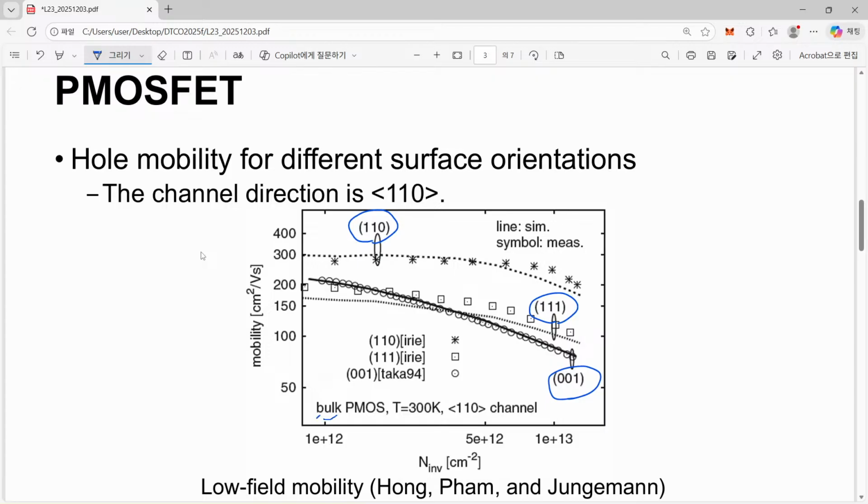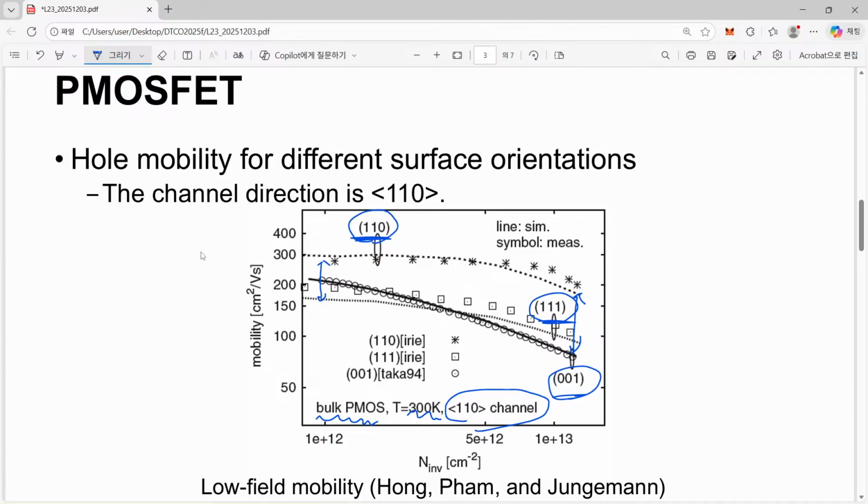So this is a bulk PMOSFET at room temperature, and most importantly we keep the direction of the channel fixed. The channel direction is set to be 110, which is typical and almost universal these days. We just show the experimental result for 110 and other surfaces, for example 001, and here you can see a significant difference in their hole mobility.